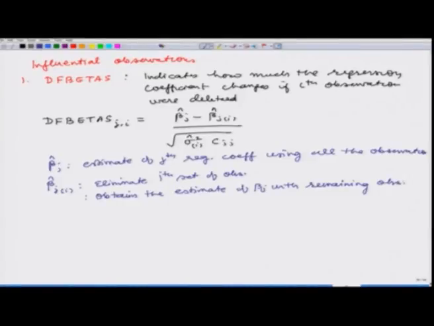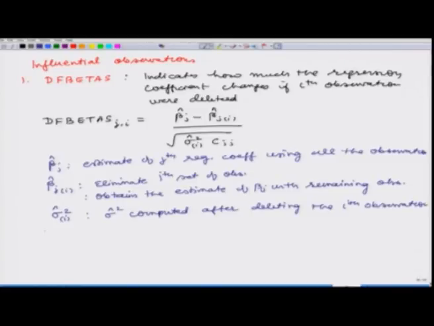Similarly, sigma squared hat(i) is the value of sigma squared hat computed after deleting the ith observation.